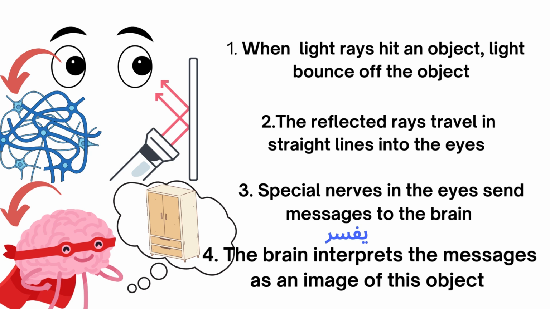And then special nerves in the eyes send messages to the brain. Then the brain translates these messages as an image of this object, so we can see the object. And here we can say that the brain interprets or translates. Both have the same meaning, as the brain tells us what this is.